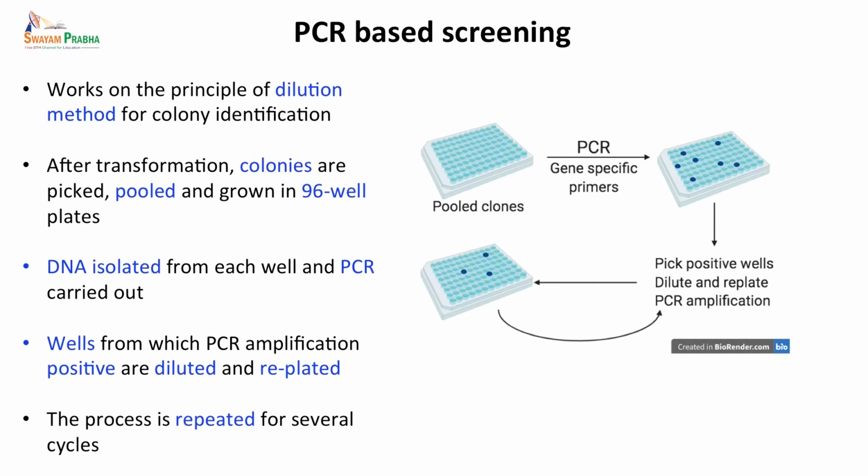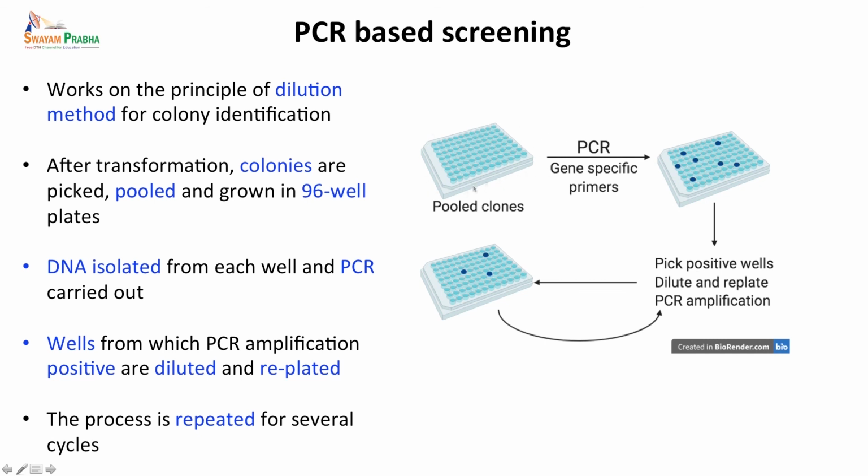The other method of screening is the PCR based screening, and this is much more labor intensive because it works on the principle of dilution method for colony identification. So here all the colonies need to be transferred to these 96 well or 384 well plates.